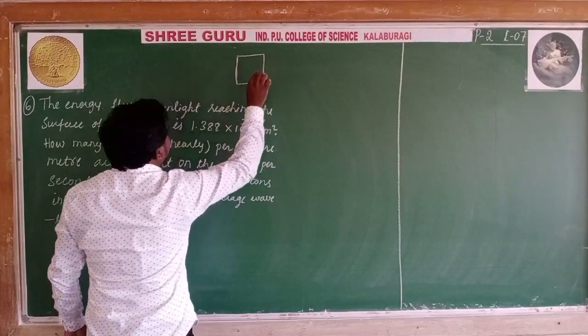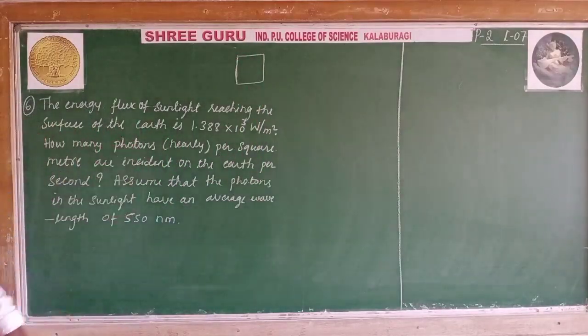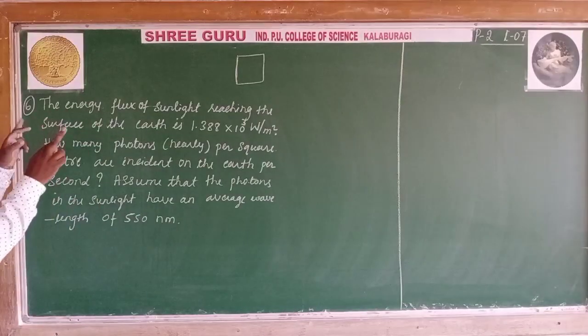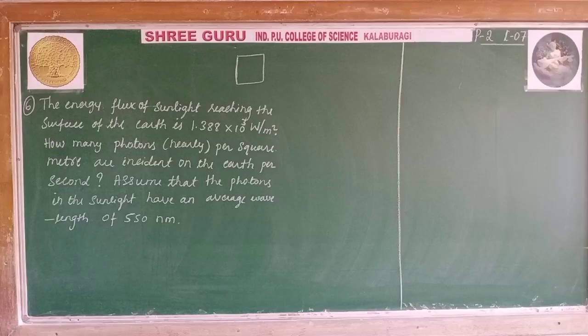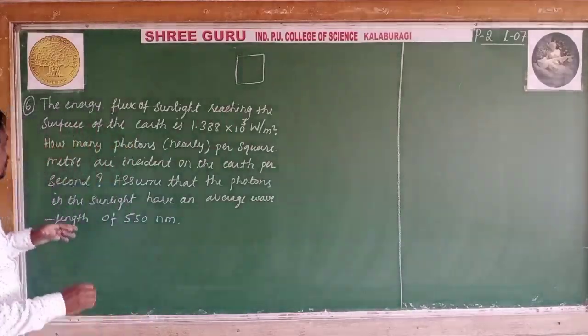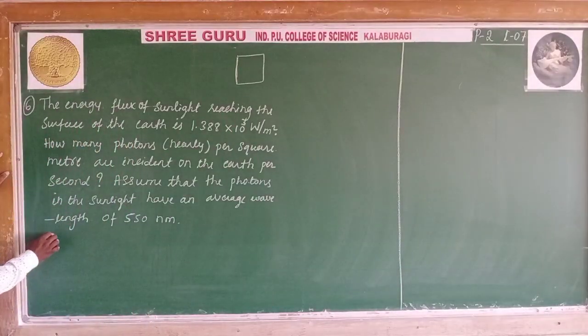Here sunlight is reaching a particular surface. On that particular square, how many photons are incident per second? What are the given values?